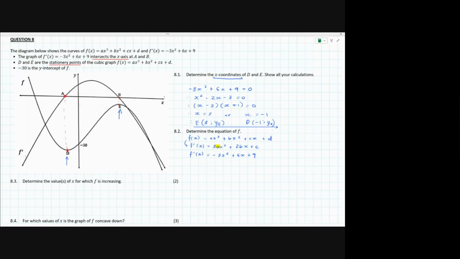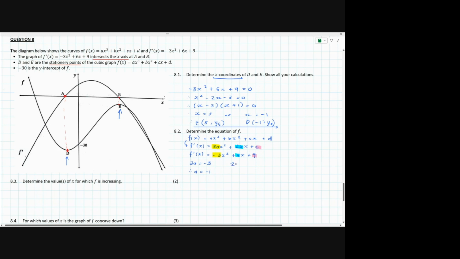And so what that means is that 3a, my coefficient to x squared, has to equal -3. I know that in the same vein, the coefficient of x, 2b, must represent 6. And I know that c must represent 9. So you can use the fact that you've got an algebraic derivative in the actual equation to go and work all of this stuff out. So that means we would take 3a and equal it to -3, meaning that a is equal to -1.